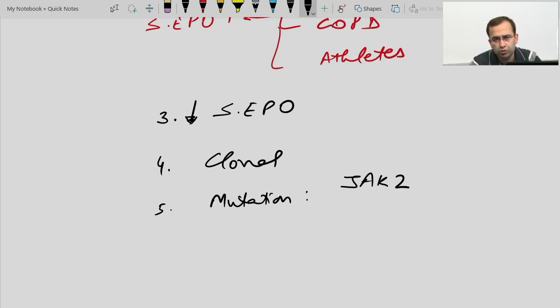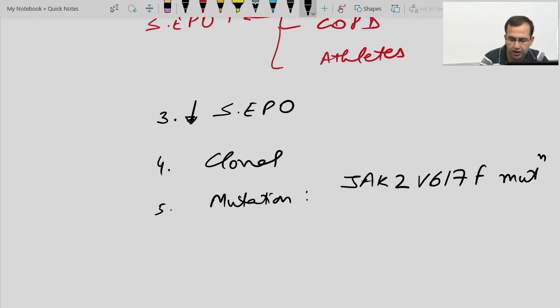JAK2 has been asked two to three times, so let us go a step further. It is the JAK2 V617F mutation. What do we mean by this?